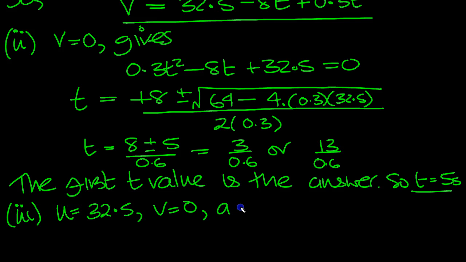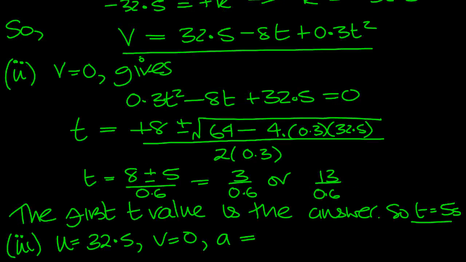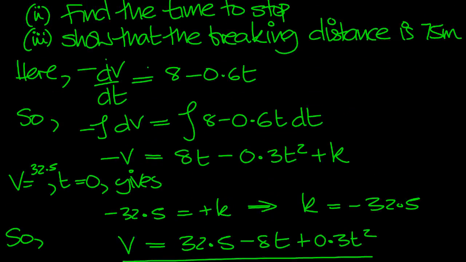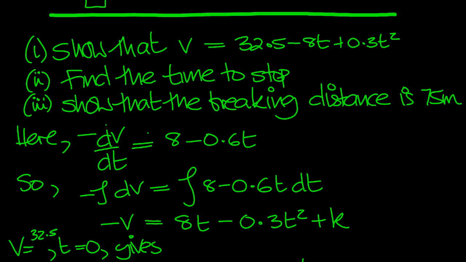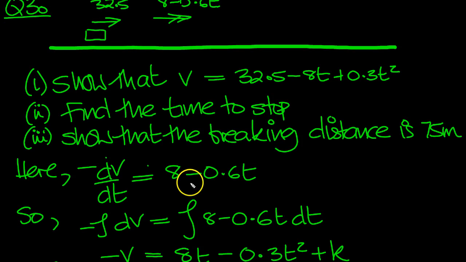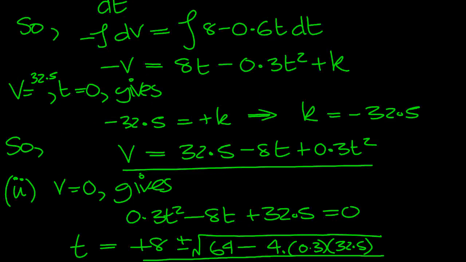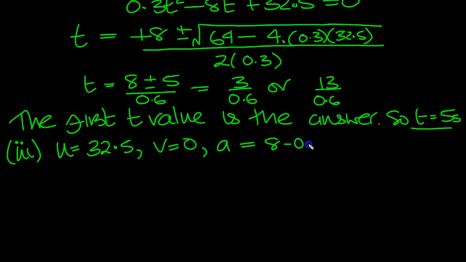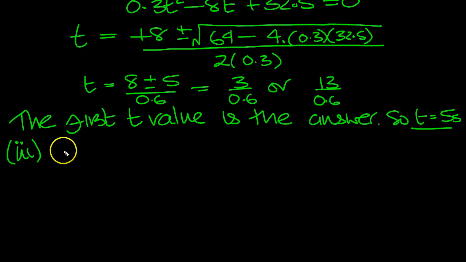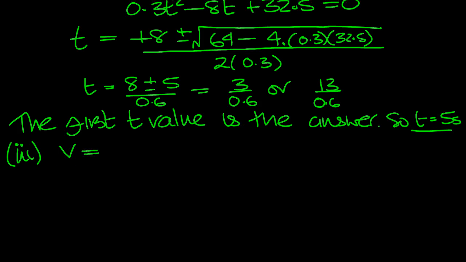The acceleration was 8 minus 0.6t. The distance, oh, we've got our velocity. Because it's not uniform constant acceleration, we need to use v and get the distance from that.